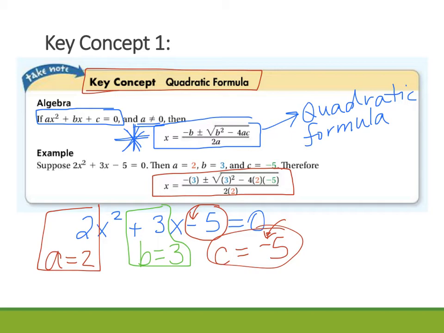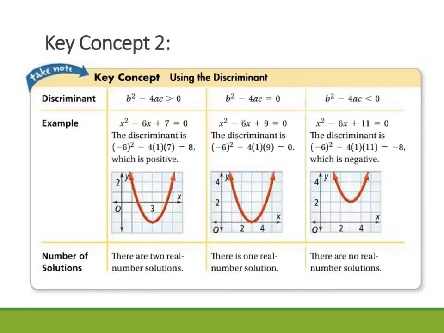Okay, so here's your second key concept. The second key concept is the discriminant. Now remember what I told you earlier. The discriminant is the part of the quadratic formula that's underneath the square root sign. So let me write the formula up here at the top again for you so you can see this a little better.